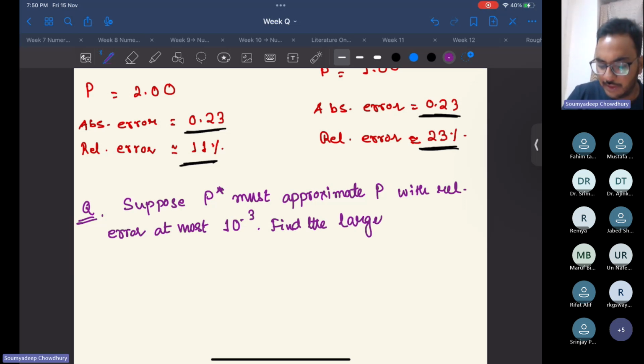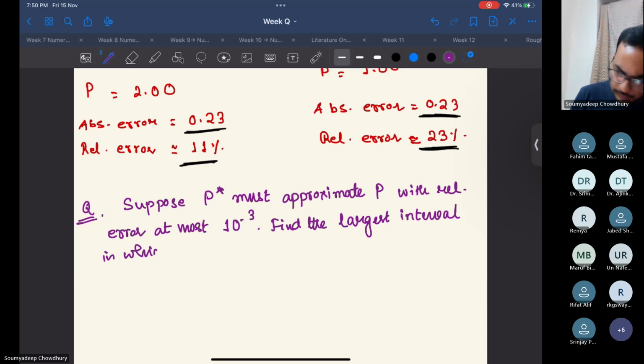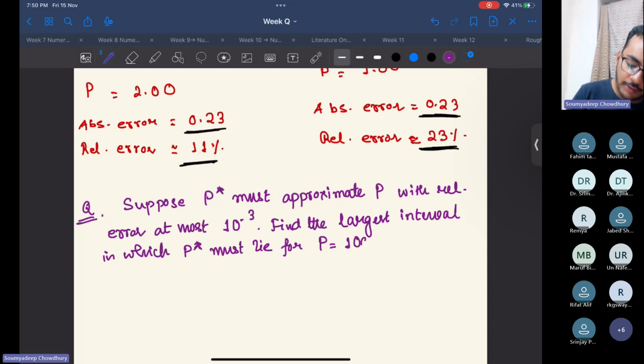Find the largest interval in which P star must lie for P equals to 100.